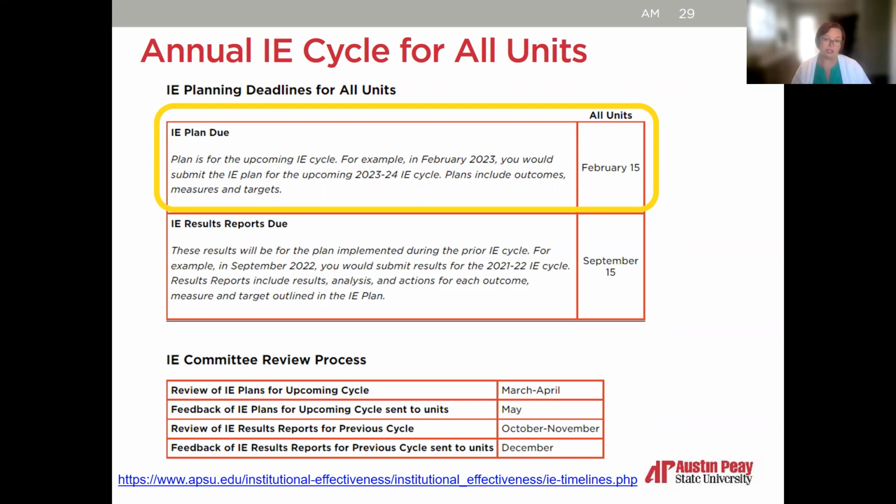And I just wanted to mention, if you haven't experienced this before, that feedback is about the quality of the plan or the quality of the report. So it's not about the results that you get or how well your office is doing at meeting your outcomes. It's, are the outcomes good? Are the measures related to the outcomes? That kind of stuff. So it's a quality of plan review or quality of results report review when they get that back to you.